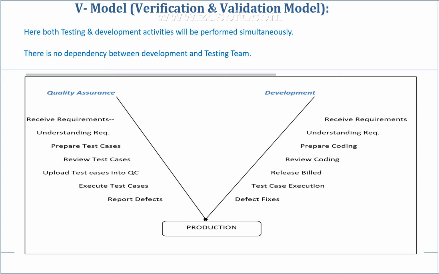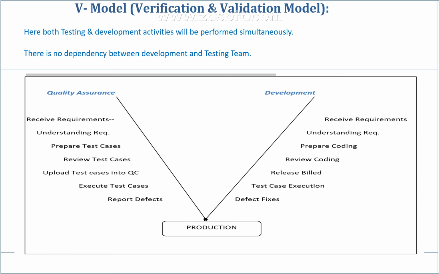Here, QA means testers receive requirements. Developers also receive requirements. They understand. So both of them understand the requirements. But here developers prepare coding, and testers prepare test cases. The developers review coding, and the QA review test cases. Developers will release the build.